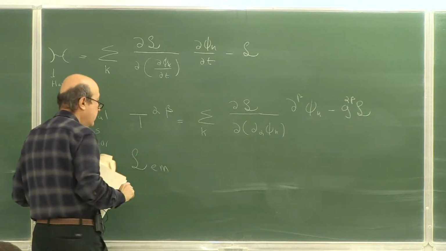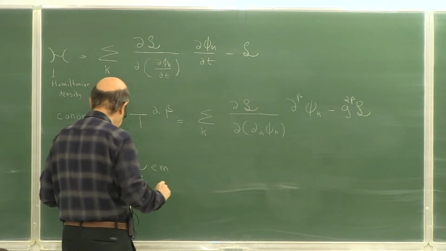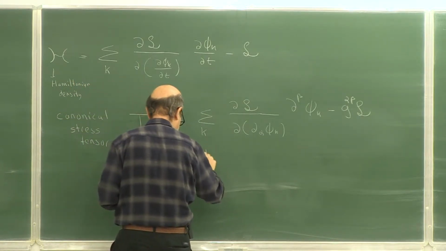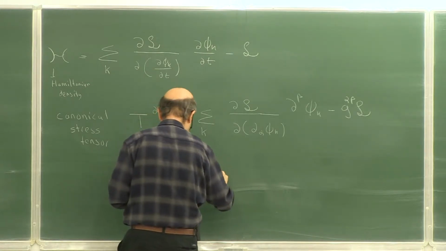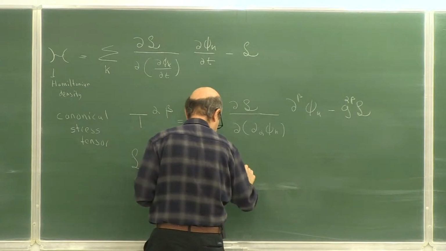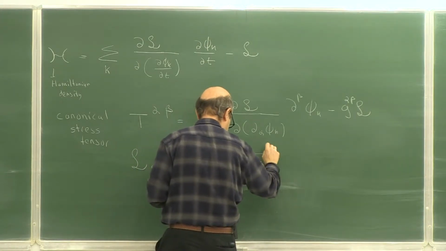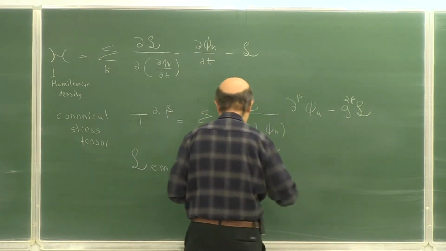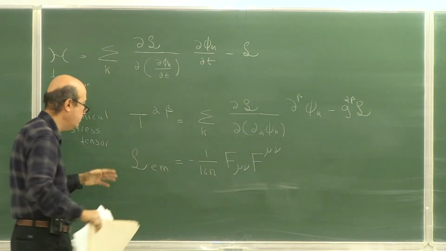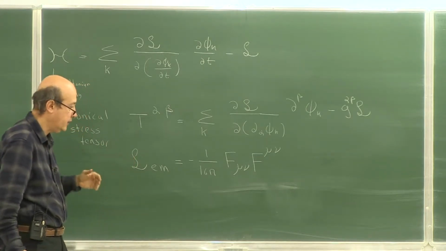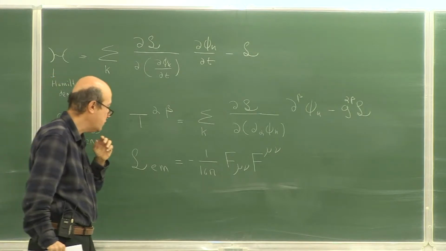Plug in the Lagrangian density of the electromagnetic field, which we defined last time, 1 over 16 pi F mu nu F mu nu. There's the interaction term, but let us work with the free Lagrangian density without interacting sources.